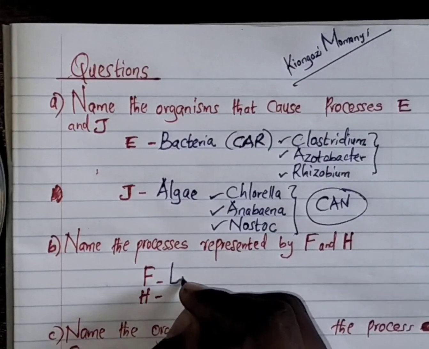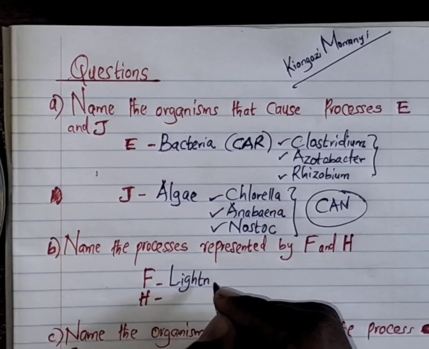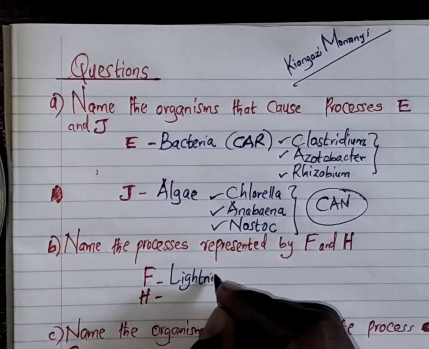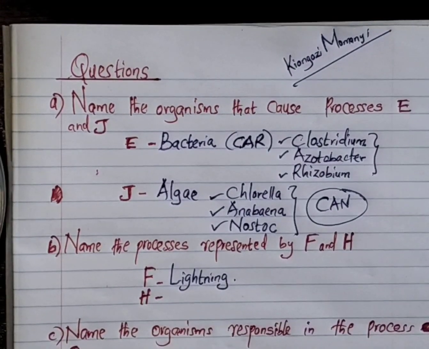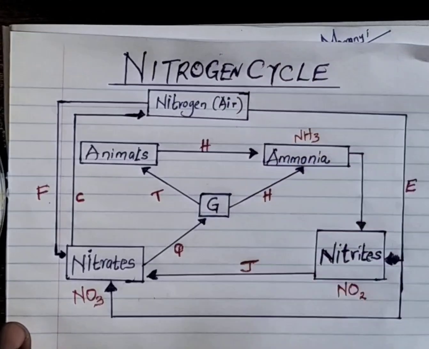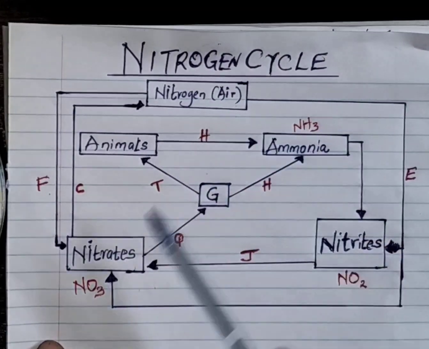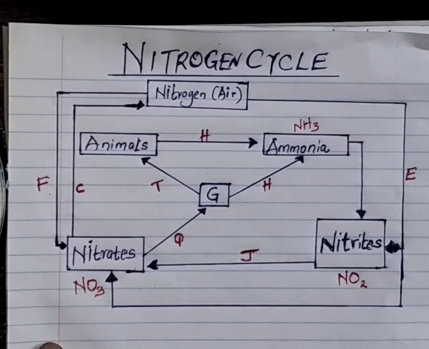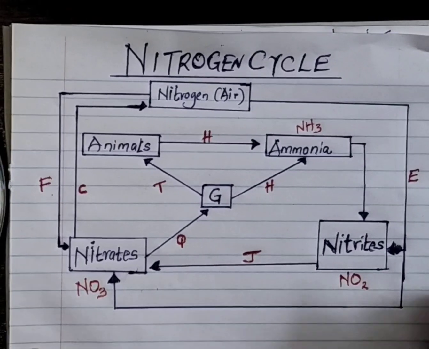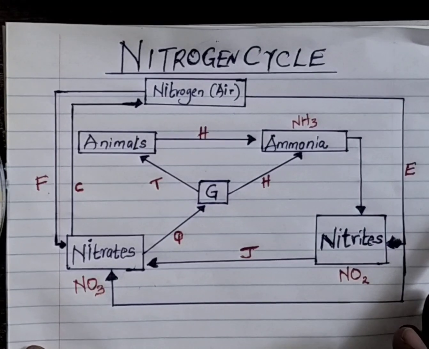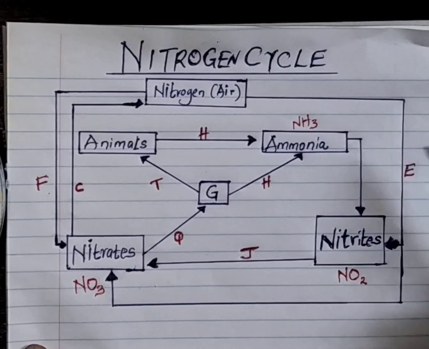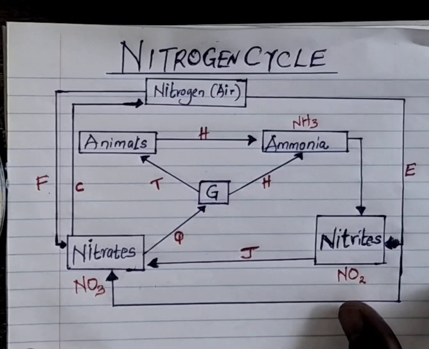This is a physical process where nitrogen in the air during thunderstorm and lightning is converted into nitrates directly. But for E, we talked about free living microorganisms, bacteria and of course algae.